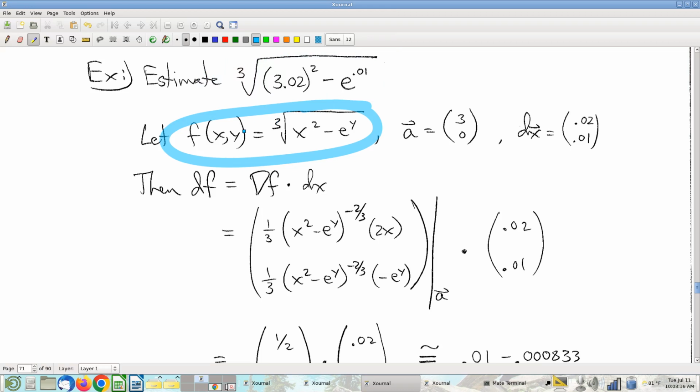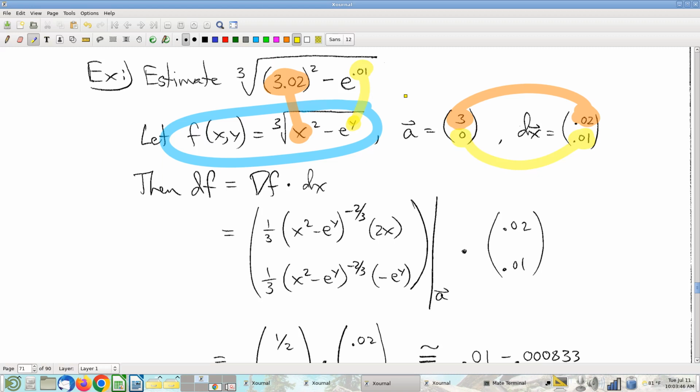Now, here, I'm going to say that what we're trying to estimate is a value of this function, but specifically, it's a value of that function where x is equal to 3.02 and where y is equal to 0.01.